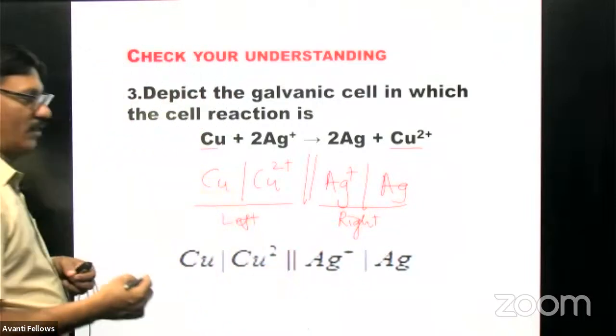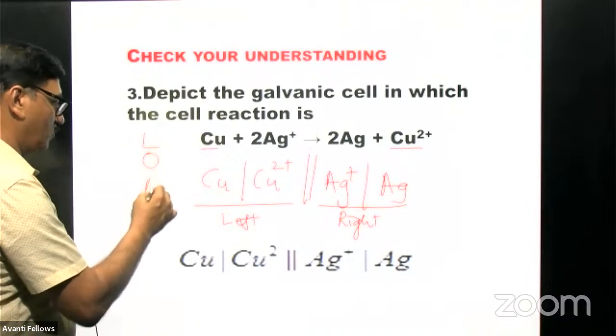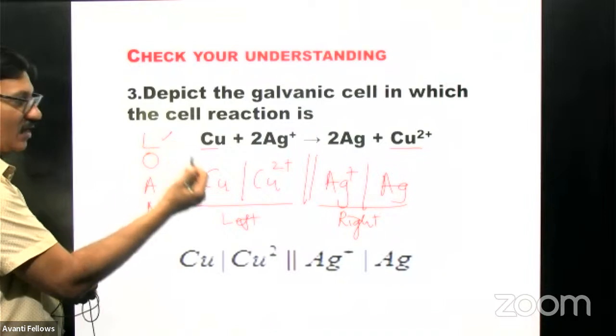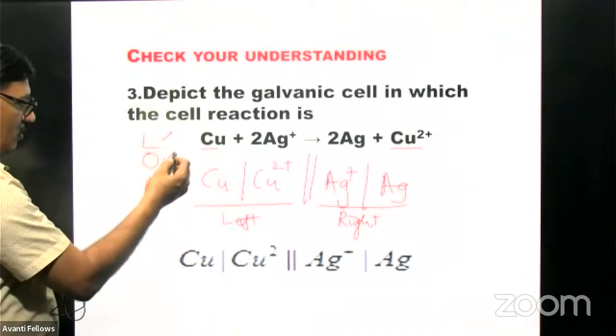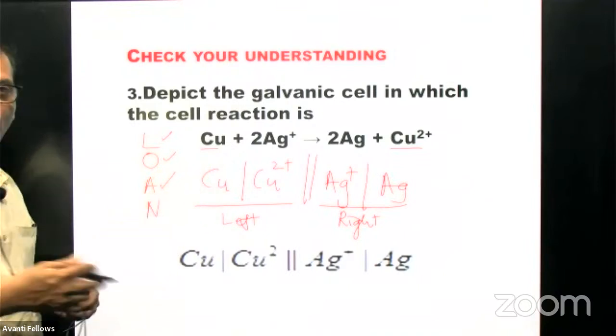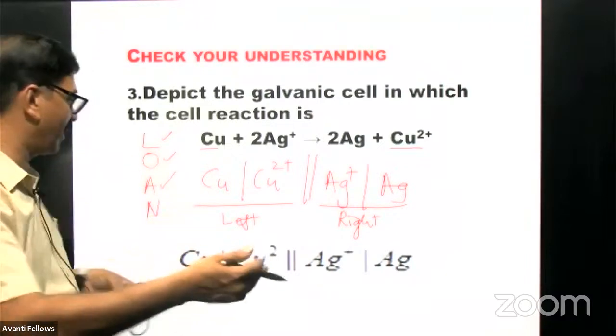There is an abbreviation that you can make use of to remember: LONE. Left half cell. L stands for left. Left half cell is the one in which oxidation takes place. This is the anode. It is called the anode because it is electron rich, because it is giving electrons. Undergoing oxidation means it is giving electrons.